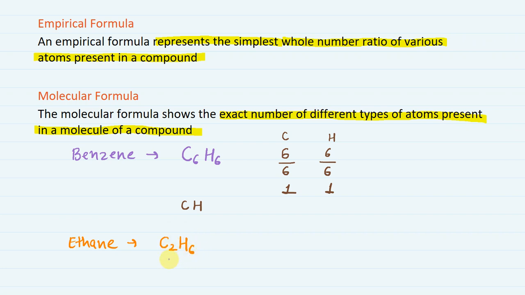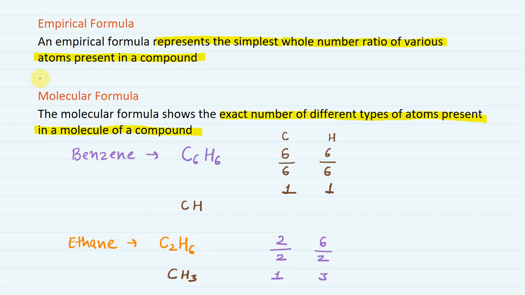So I will divide by 2. If I divide 2 by 2, I get 1. If I divide 6 by 2, I get 3. So what will be the empirical formula of ethane here? It will be CH3. This is the simplest whole number ratio of various atoms present in a compound.